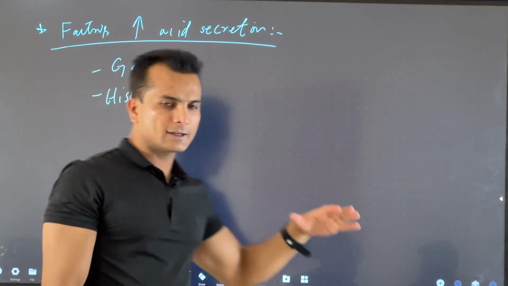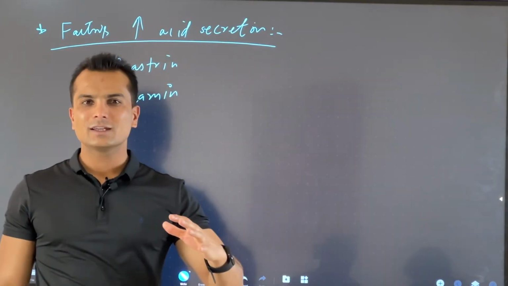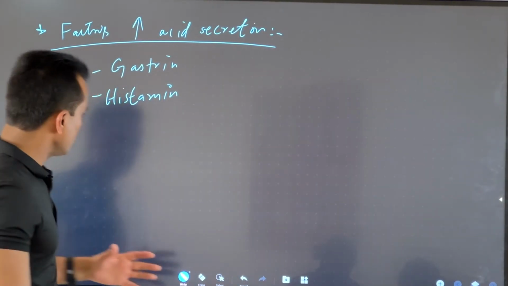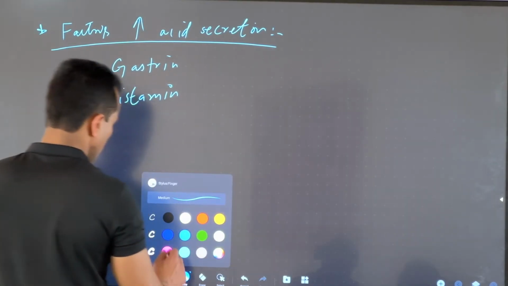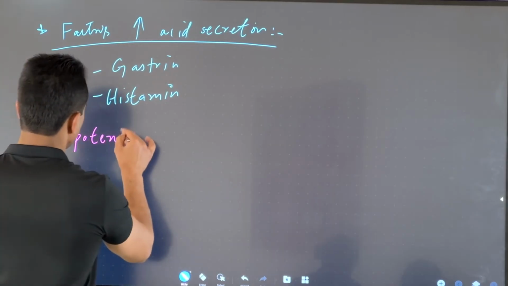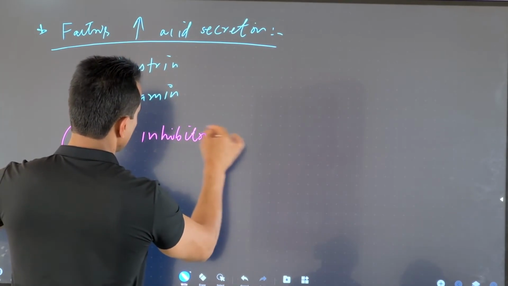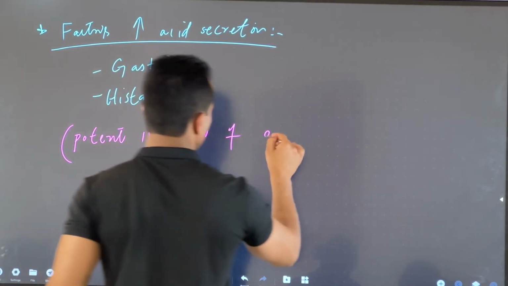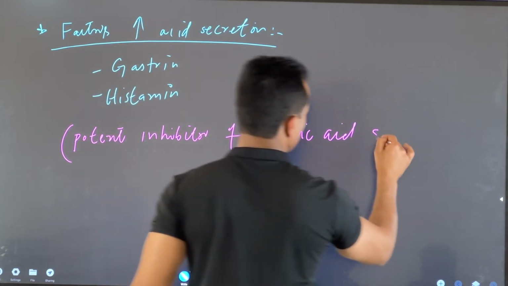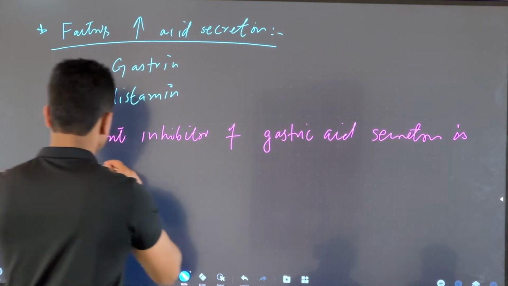But gastric acid secretion is basically inhibited by prostaglandins. So the potent inhibitor of gastric acid secretion is your prostaglandins.